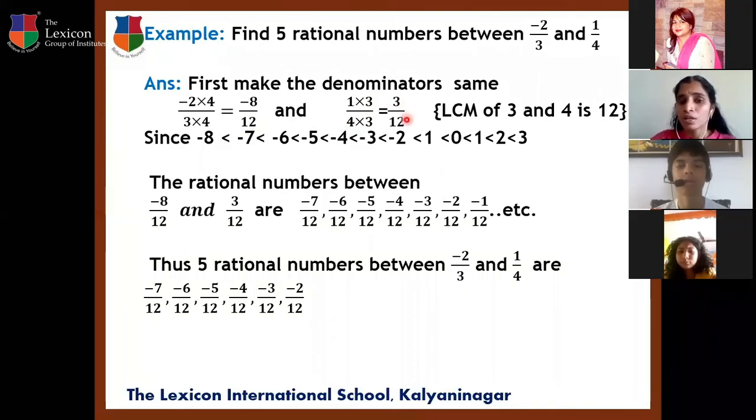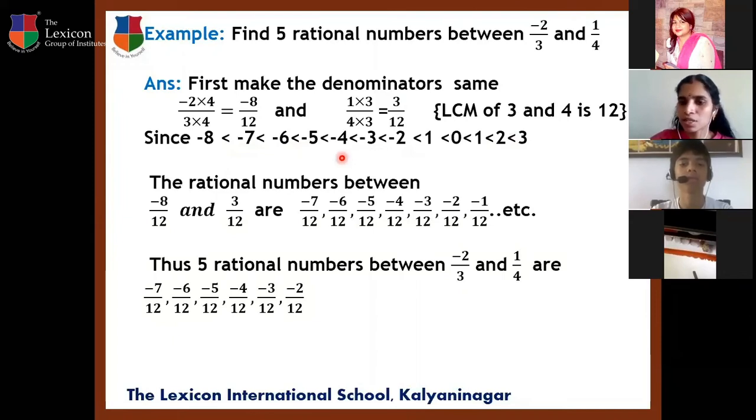Now we will check whether it is possible to find the necessary number of rational numbers in between them, with the equivalent fractions done now. If it is possible, we will not go for another method, we will follow that. Let us check now. Here minus 8 upon 12 and 3 upon 12. In between minus 8 and 3, is it possible to get 5 numbers? Yeah, it's very easy. You can see here minus 8 is less than minus 7, less than minus 6, and in this way you get till 3.